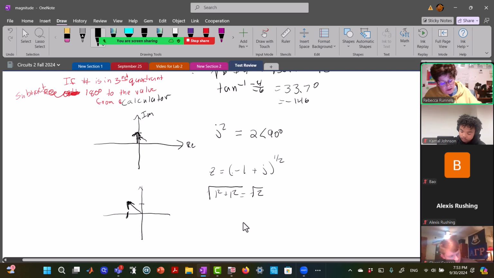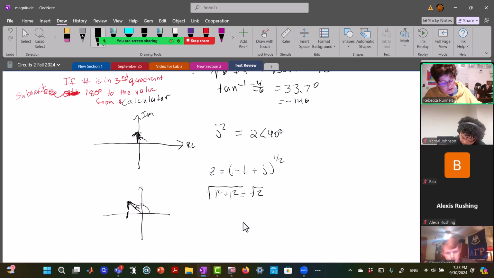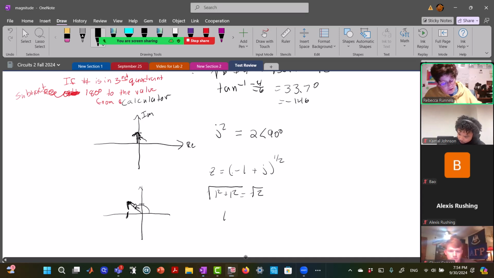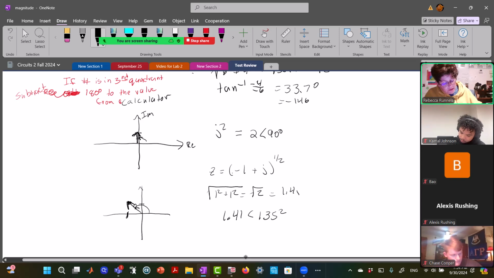That'll be its magnitude. And because these are the same length, this little part here is a 45-degree angle. So I know my angle is 135 degrees. So this is 1.41 angle 135 degrees.